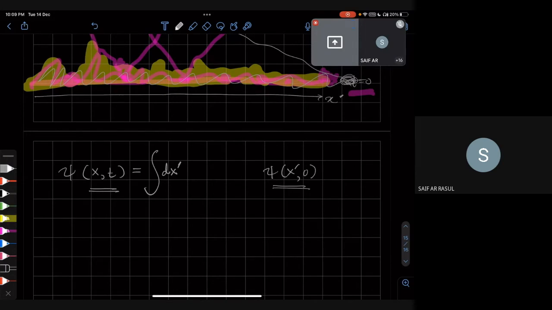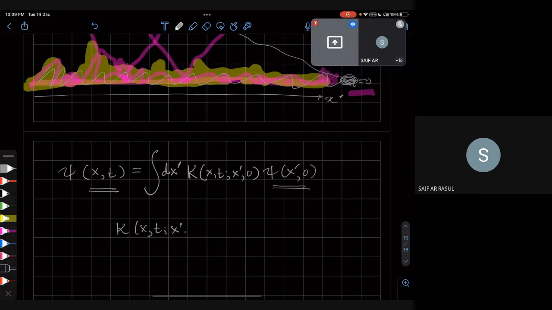And there should be a function, let me call it k, which will depend on, of course, x and t, as well as x prime and t prime, which we are taking to 0, right? So this function k has a name.